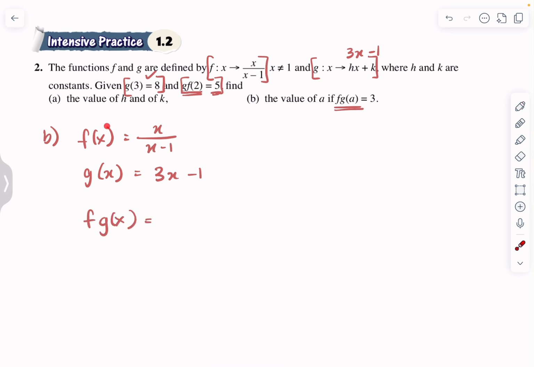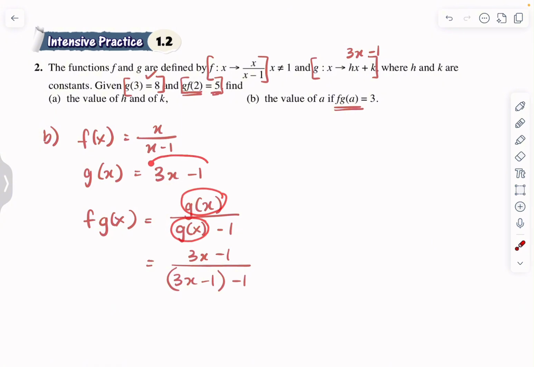Okay, so if f(x) is x over x minus 1, f(y) is y over y minus 1, fg(x) will be g(x) over g(x) minus 1. And g(x) is 3x minus 1, so we just sub this in. We just sub the g(x) with the g(x) that we know.